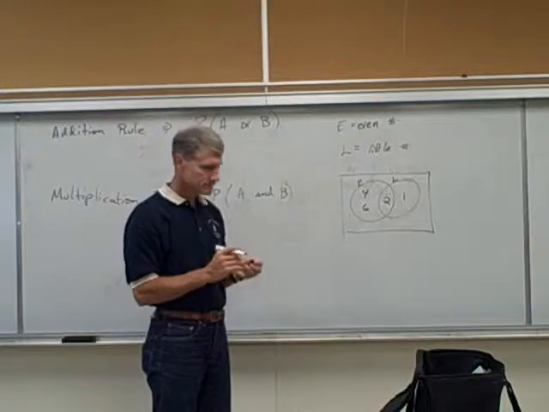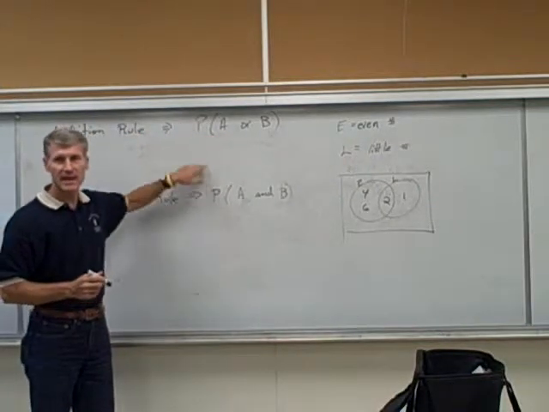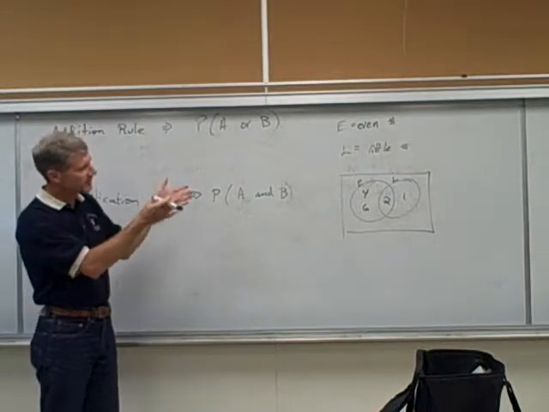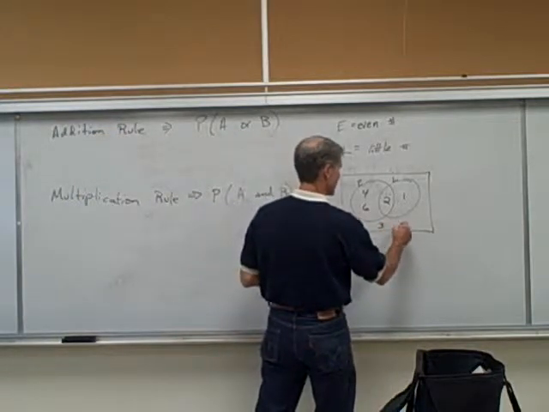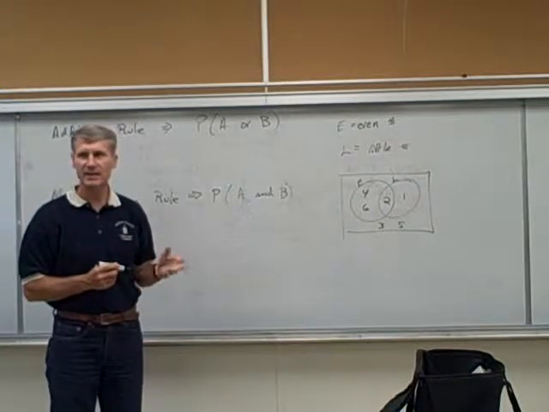Now, we did these probabilities, both of these, last time, but I didn't give you any rule for it. So let's do them again just by looking at the Venn diagram. I'm missing on here the 3 and the 5. They are in the sample space, but not in either of the circles.